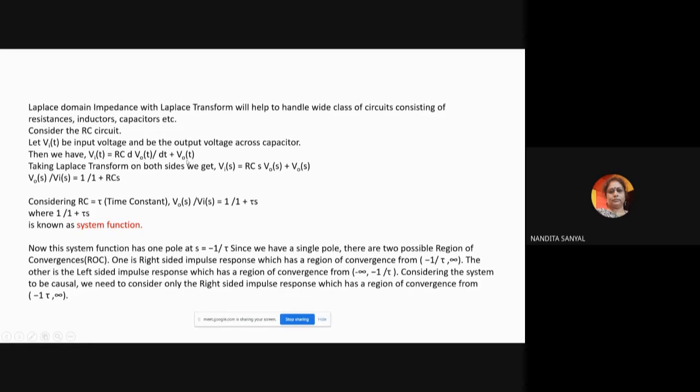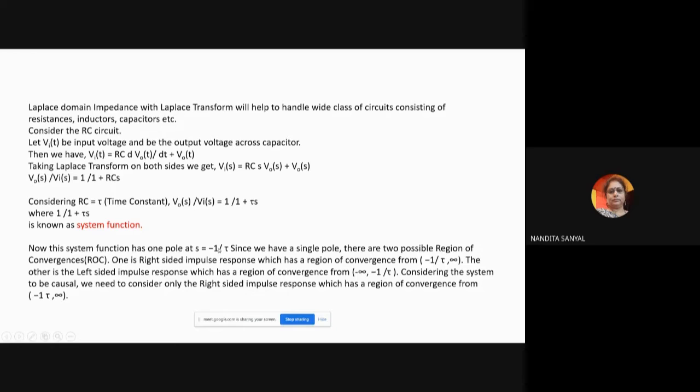If we change it to the S domain, this will come to Vi(s) equal to RCs Vo(s) plus Vo(s). Then the transfer function of the system is 1 by 1 plus RCs. All of us know that, and if RC is considered as the time constant tau, it will be 1 by 1 plus tau s. It is called the system function.